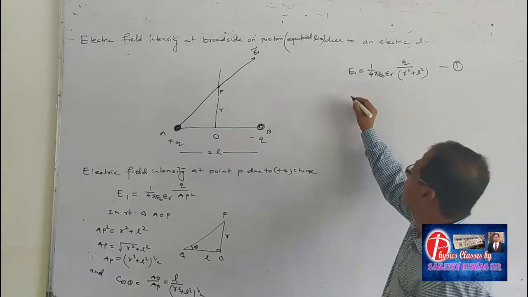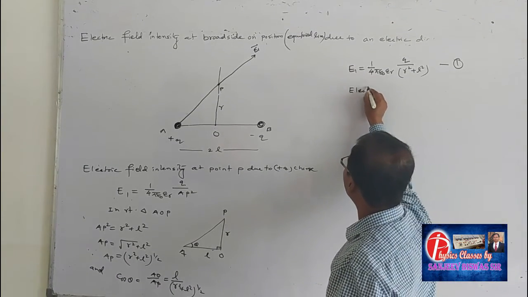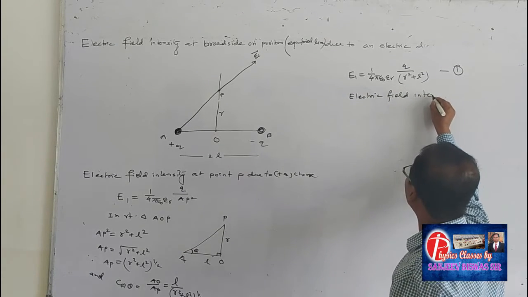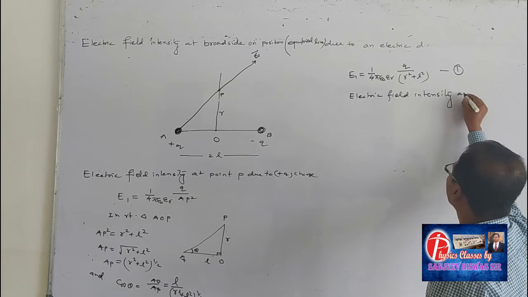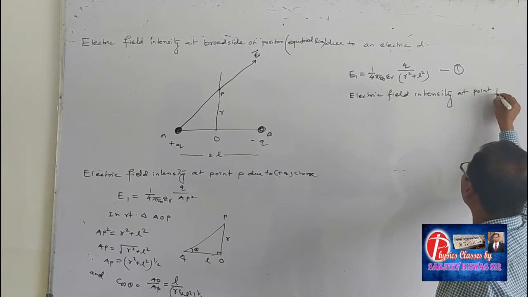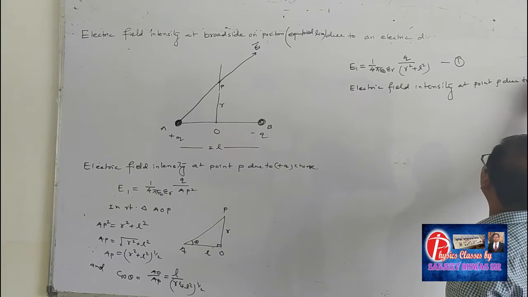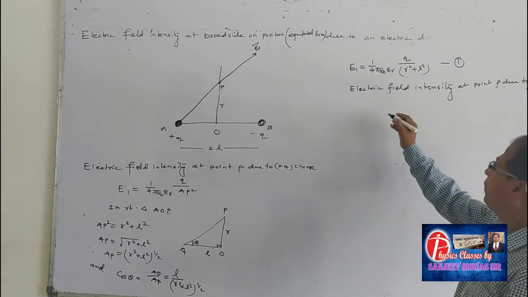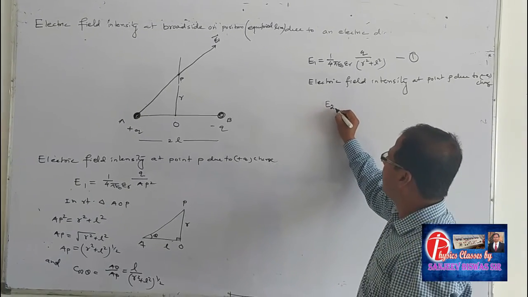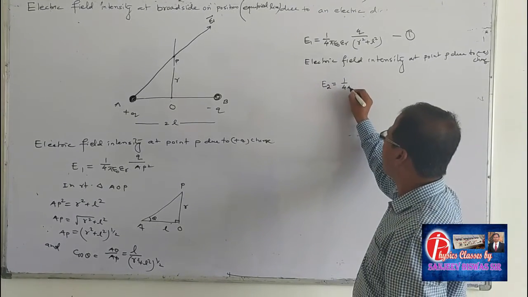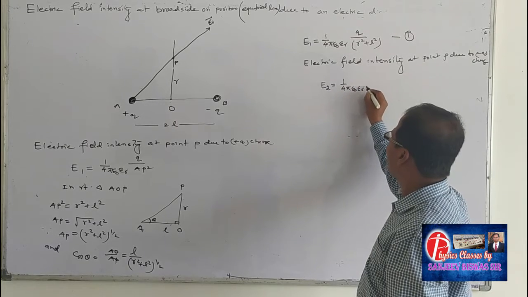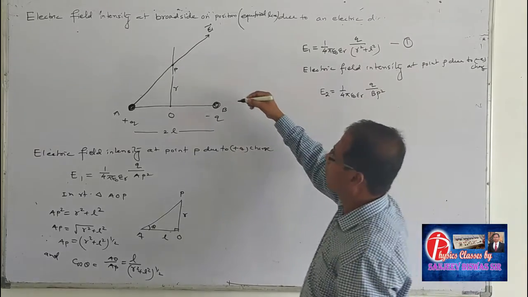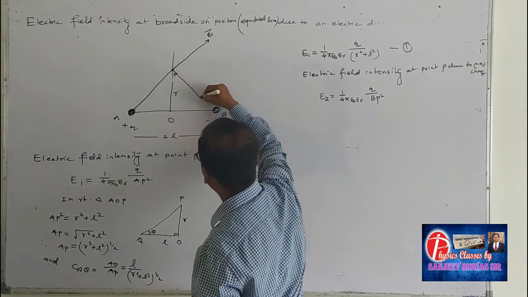Similarly, the electric field intensity at point P due to minus q charge, suppose this is E2. E2 is equal to 1 by 4 pi epsilon 0 epsilon r q upon BP square, because now the distance is BP.